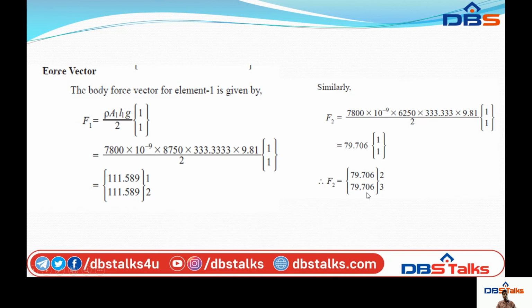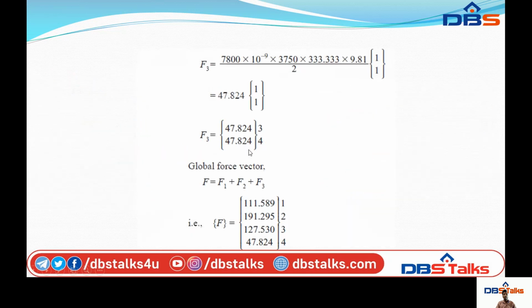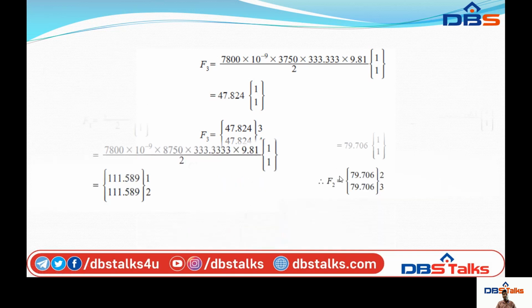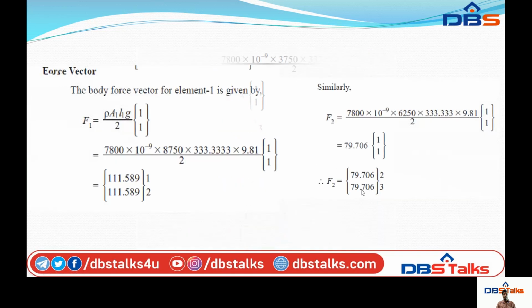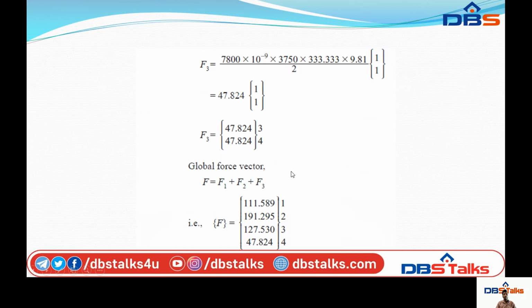After that, 79.706 for node 3, 79.706 plus 47.824, you will get 127.530. After that, for node 4, 47.824. That is the procedure for writing the global force vector.